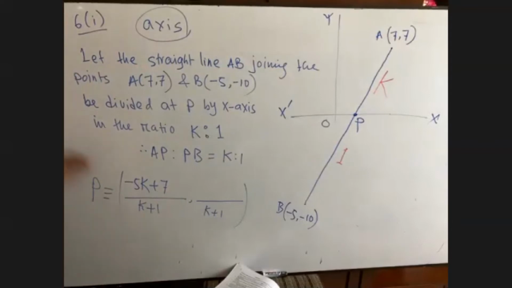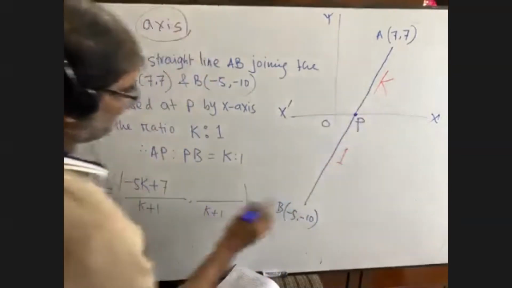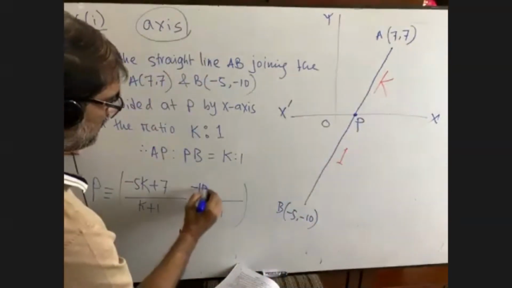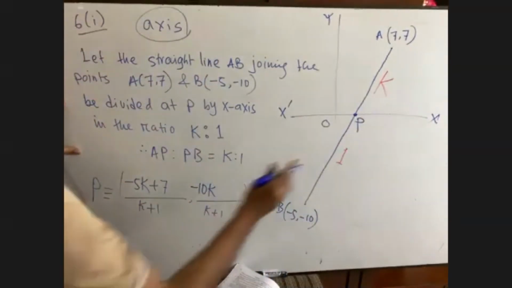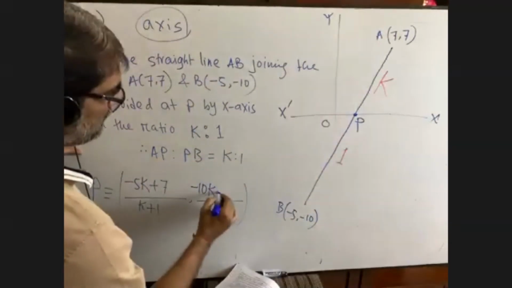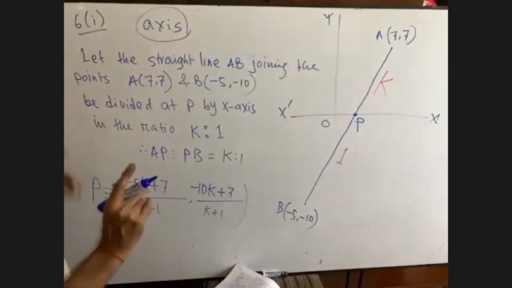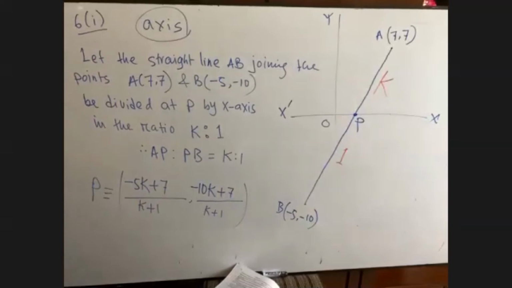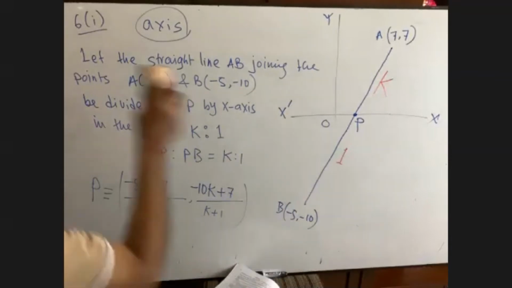Again, k into -10, that is -10k, 1 into 7, +7. Let me know where you have failed to understand. All of you, please pay attention. Have you got it? Yes, sir. That's good.